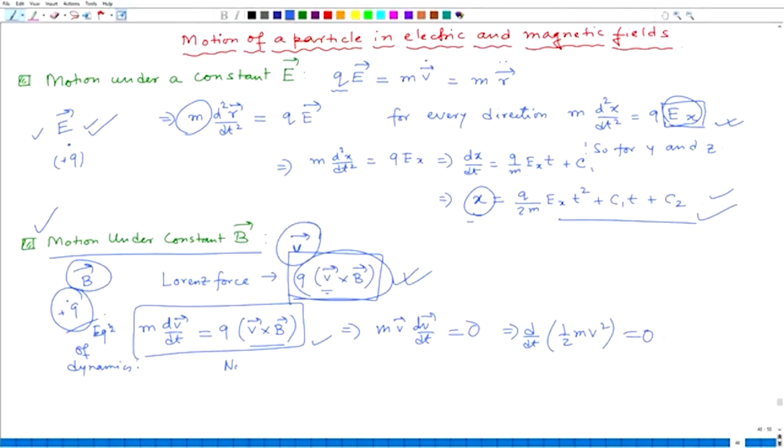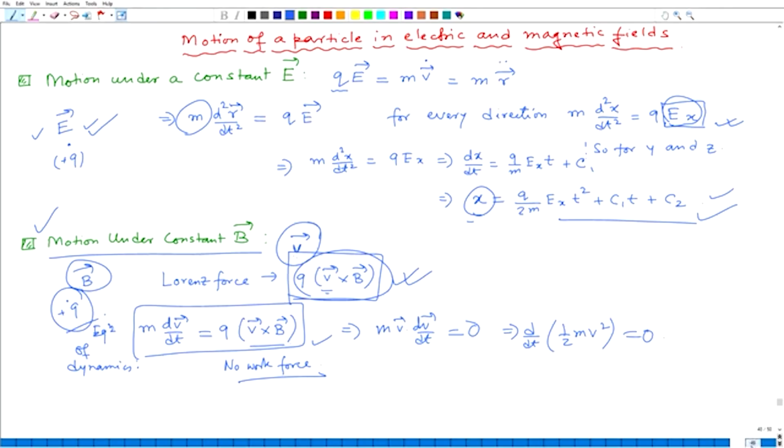And from your concept of the work-energy theorem, you know that if kinetic energy is not changing, then there is no work done by or on the system, and that means that this type of force is not doing any work or helping the system to do any work. So, this type of force is known as a no-work force. However, it causes acceleration. And now we will see what the trajectory will be under such a force.